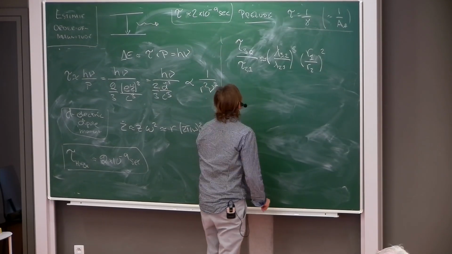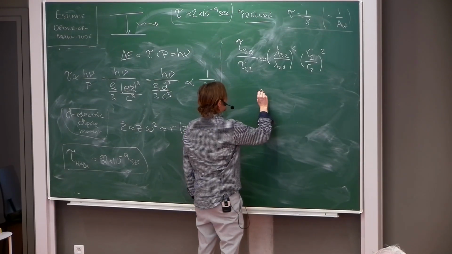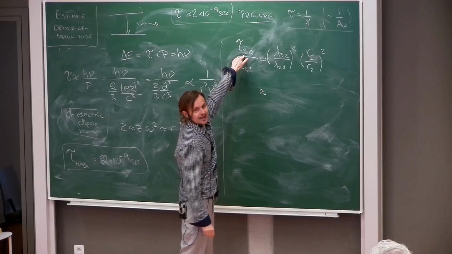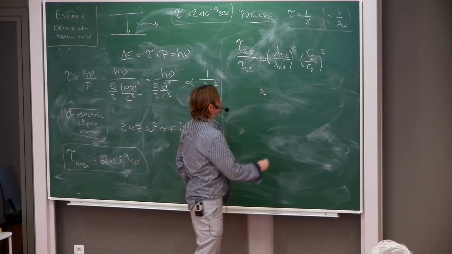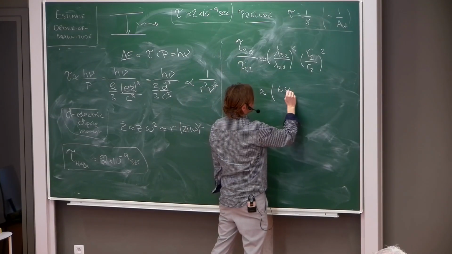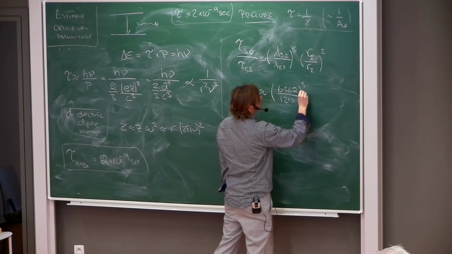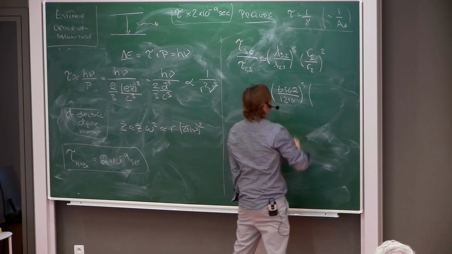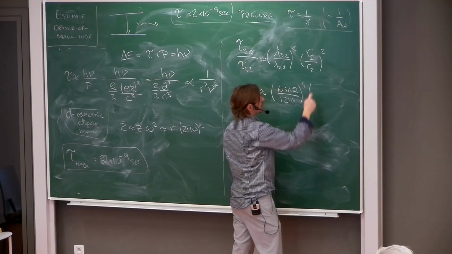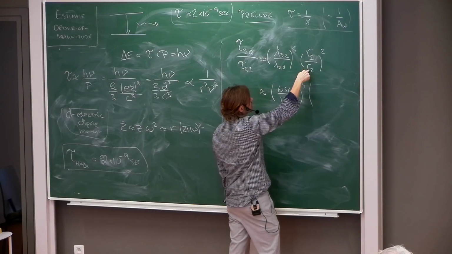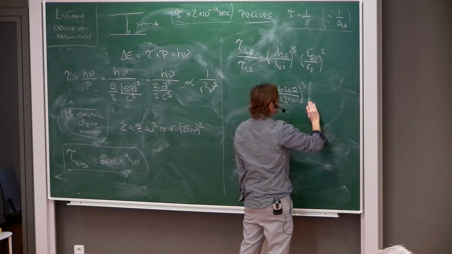So you can see that the half-lifetime for hydrogen Balmer alpha, H alpha, we know the wavelengths: 6562 divided by 1216, and then times 1/2 because it's 3 to 2, so this is 2, this is 1, so this is 1/4.